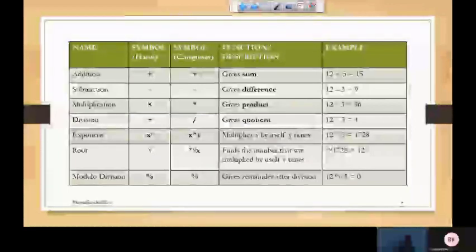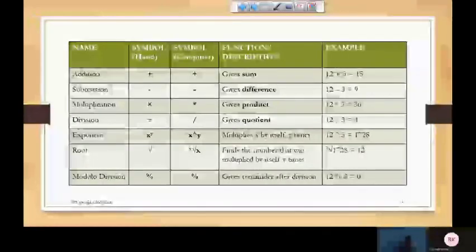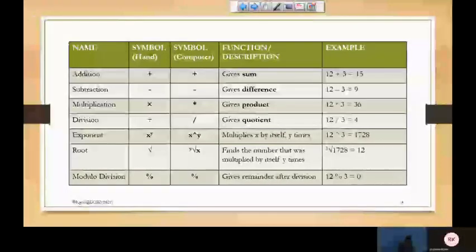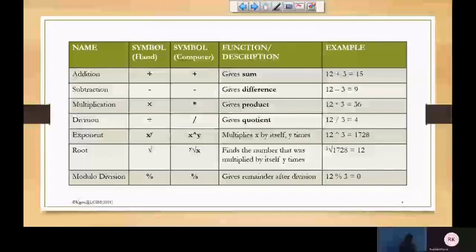We also have three others, as you see on this table there, that we would like to have an appreciation of. What I'm going to show you here is the name of the operator, the handwritten symbol there, and how you normally write it on the computer, the computer representation.